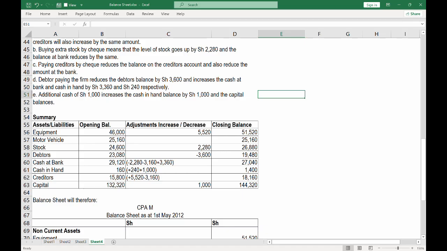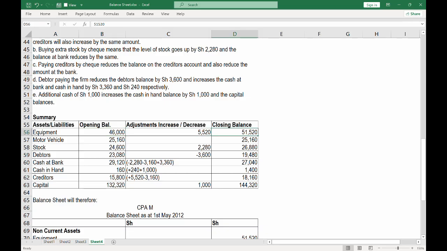you have the assets and liabilities. So the summary, you have assets and liabilities and their opening balance. Then you have the adjustment, increase or decrease, and the closing balance.